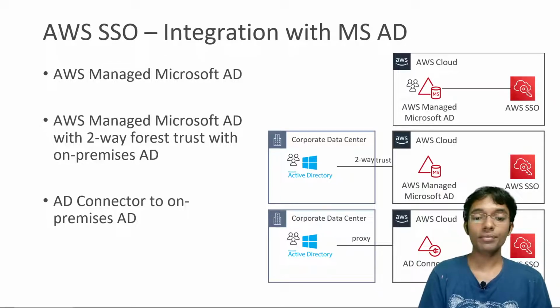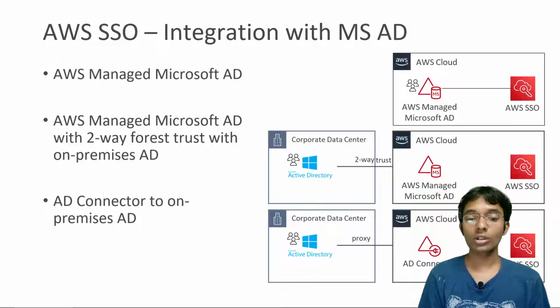Or if you don't want to set up a two-way trust, you can use an AD connector to your on-premise AD, in which case all the calls are going to be proxied through your AD connector. SSO can easily integrate with Microsoft Managed AD or an AD connector.